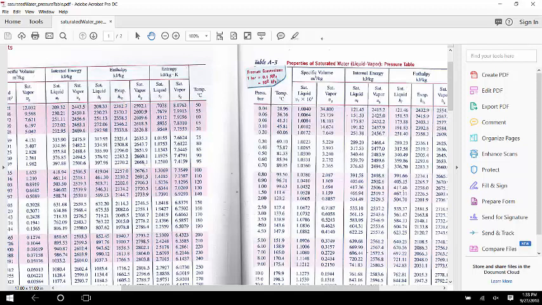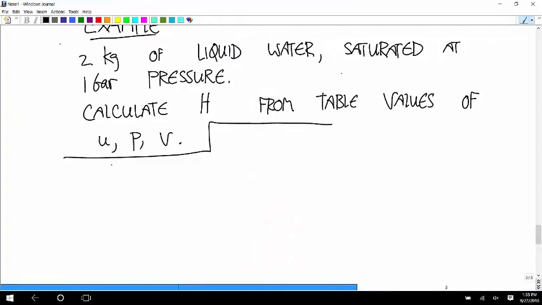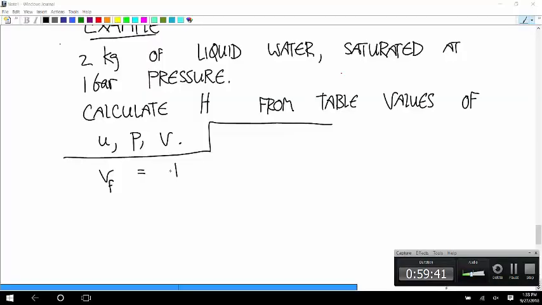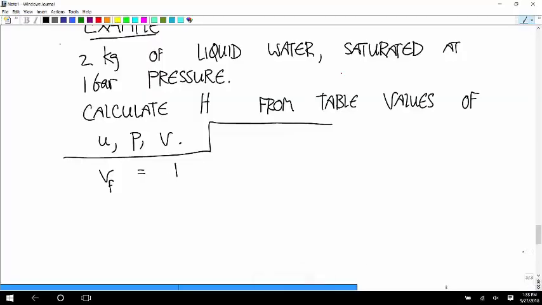So the specific volume is 1.0432. This is for the fluid. 1.0432 cubic meters per kilogram.